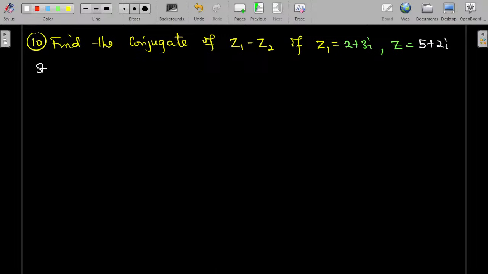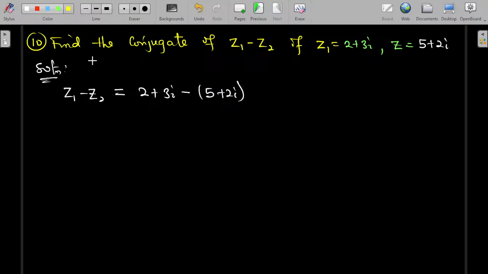Okay, so solution. Meanwhile, note that this is how we write conjugate. This is z conjugate. So the meaning now is that my z1 minus z2 conjugate will be like this. But first of all, we need to get our z1 minus z2, and that's going to be 2 plus 3i minus, you can put the second one in bracket, 5 plus 2i.